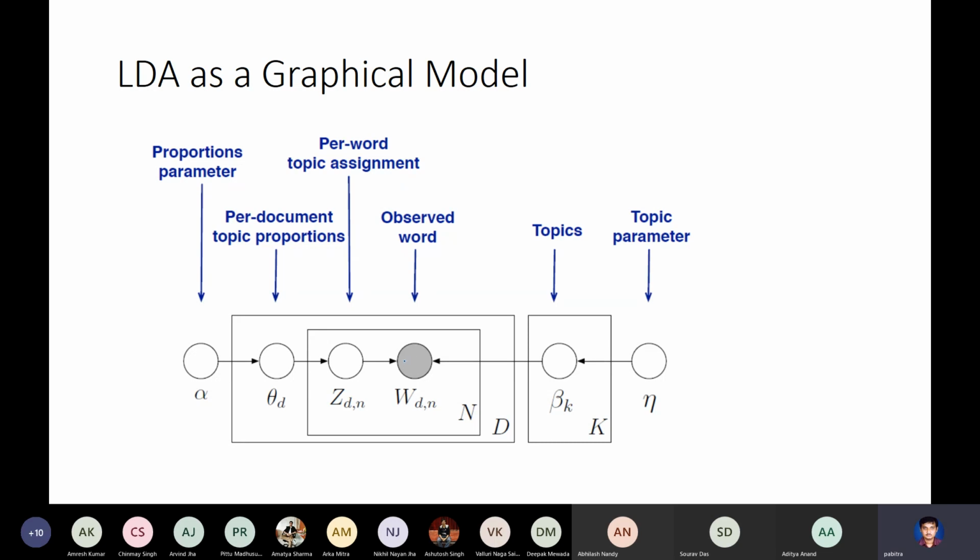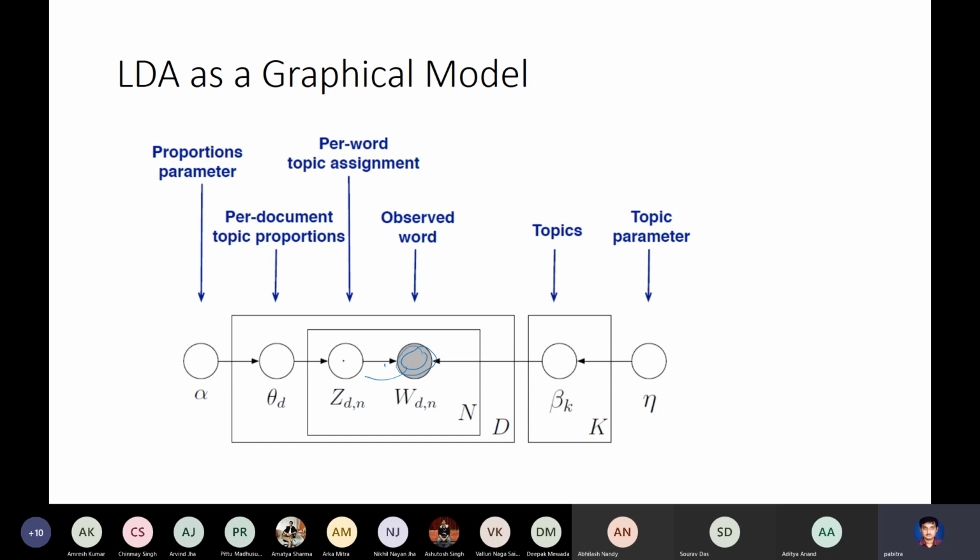The only observed random variable in this process is this word, the nth word of the dth document, that is a single word. That's how we represent it. So this is the observed random variable.